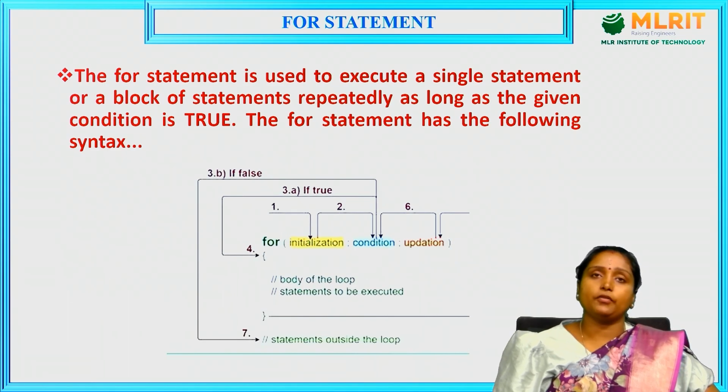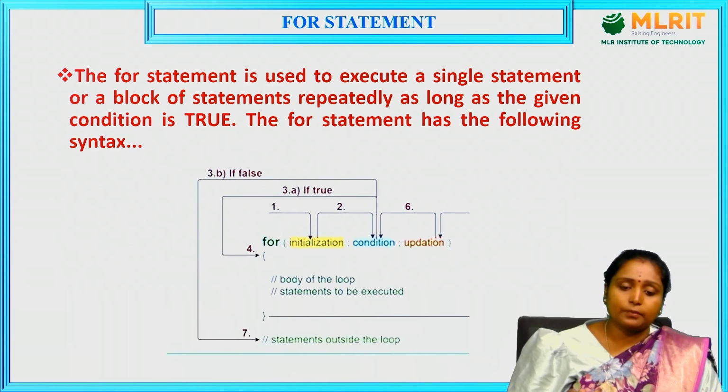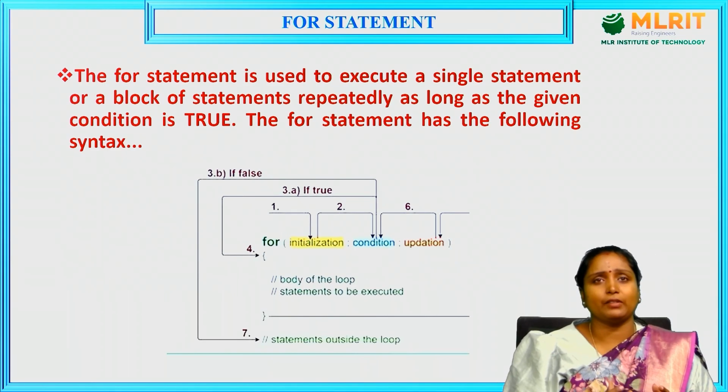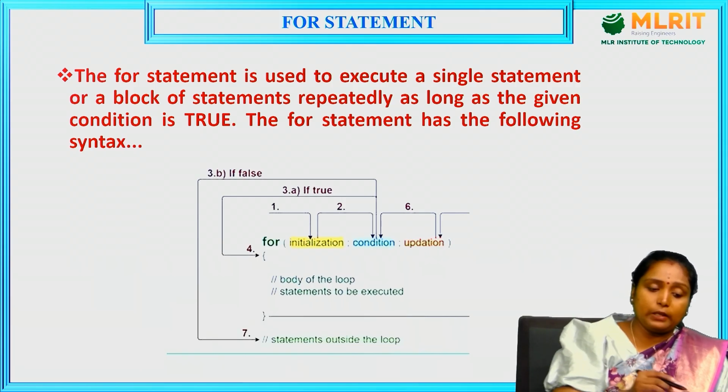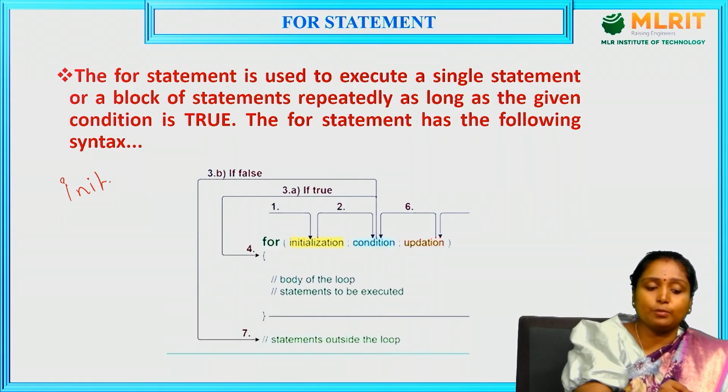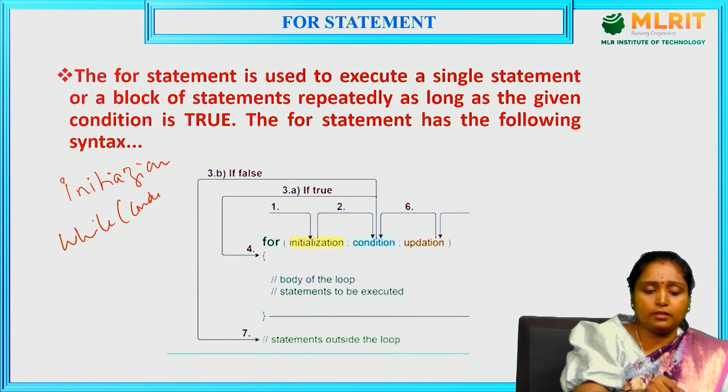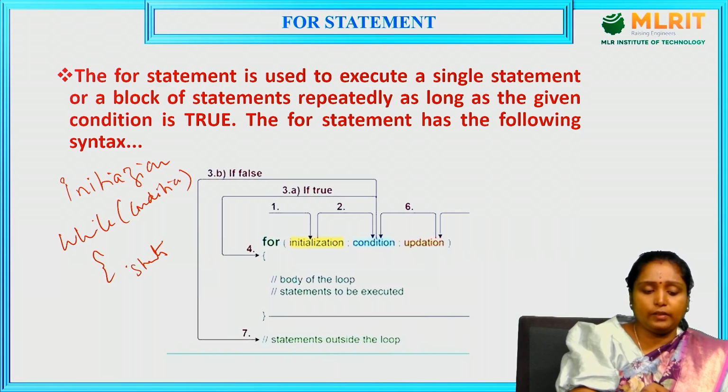Next, coming to the for loop statement. The for statement is also the same as the while loop, but what is the difference? For the while or do while loop, the initialization part has to be written separately, then the while condition, and you execute the statements as well as the updation part.